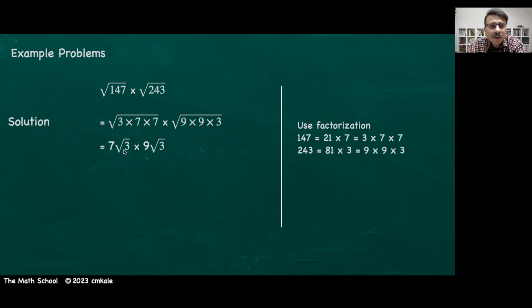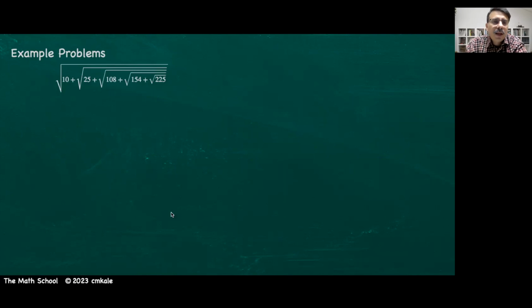So I can separate out root 3 and separate out 7 square, right? Now further solving this, all of these are in multiplication. So you are left with 9 into 7, 63, multiplied by root 3 into root 3. Now root 3 into root 3 is 3, which gives us 63 into 3. That is the final answer, which is 189.